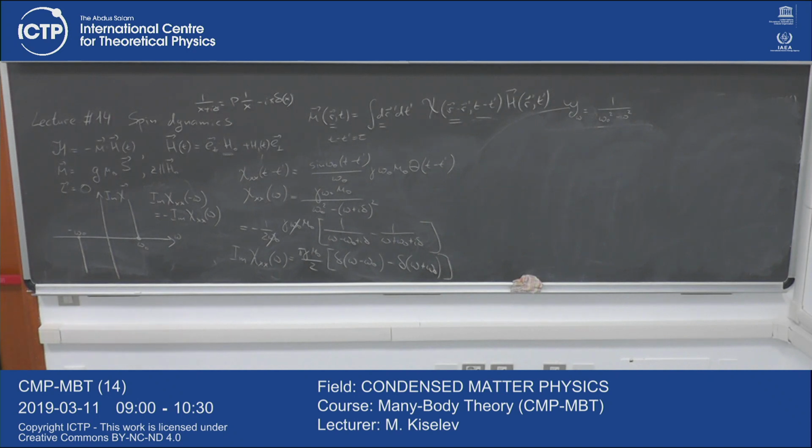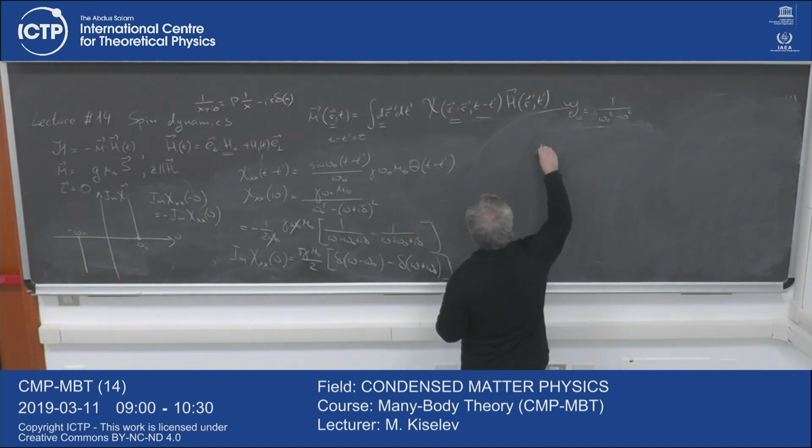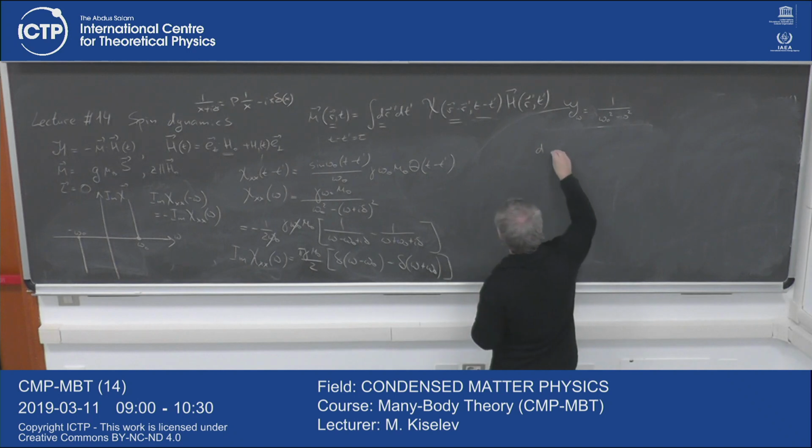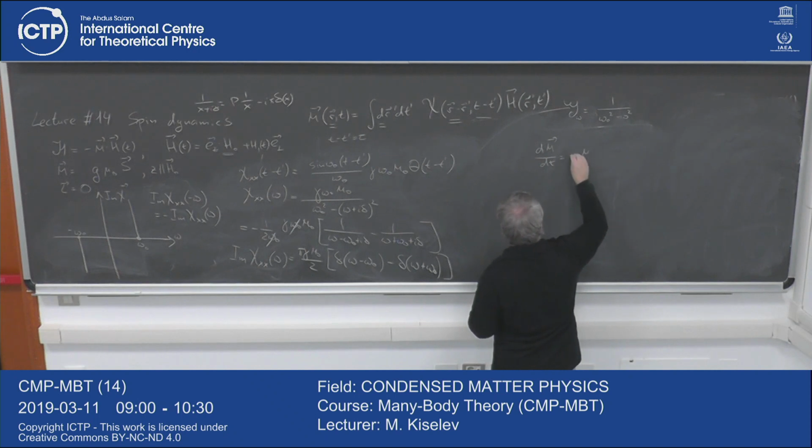However, I'm not going to do that. I will just massage my Bloch equation in such a way that I have dm over dt equal to minus gamma m times h.